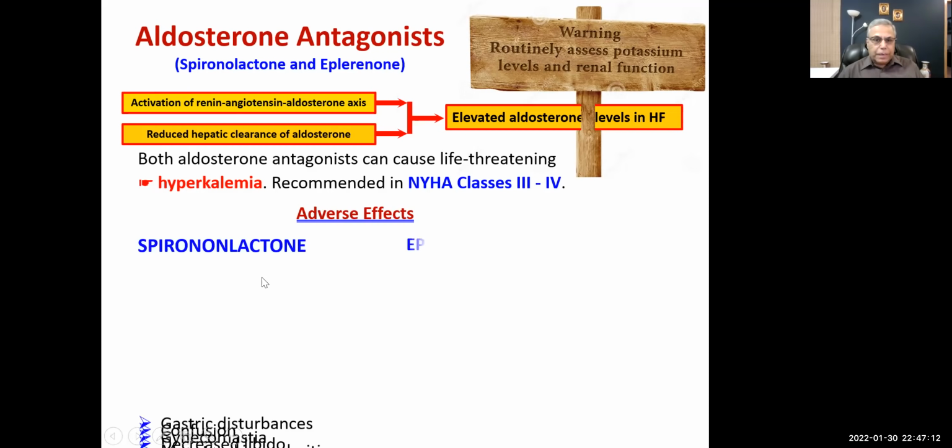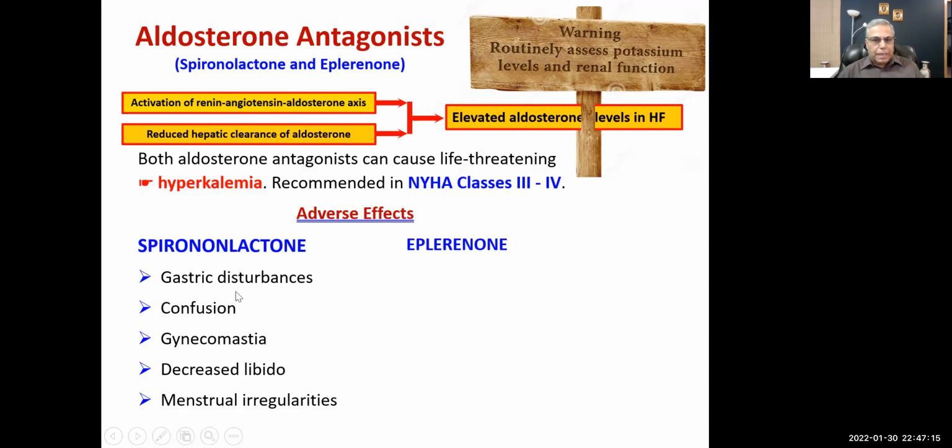So the adverse effects of spironolactone are gastric disturbances, confusion, and gynecomastia, because spironolactone is an aldosterone antagonist and it blocks these adrenal androgens as well, okay? So it can lead to gynecomastia in males, decreased libido, and menstrual irregularities in females.